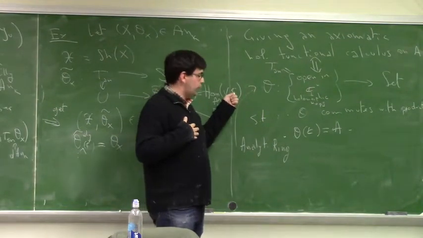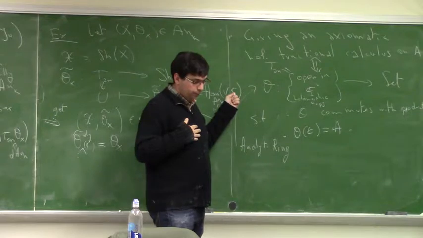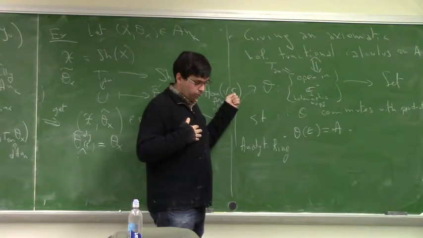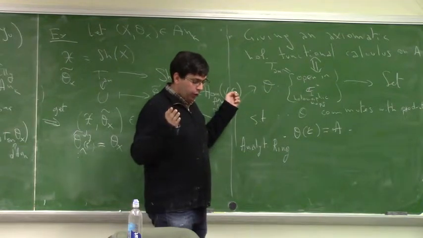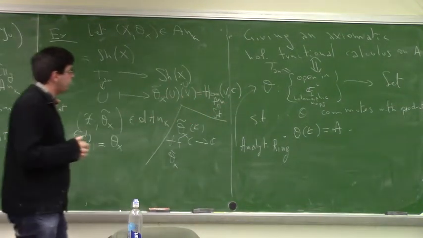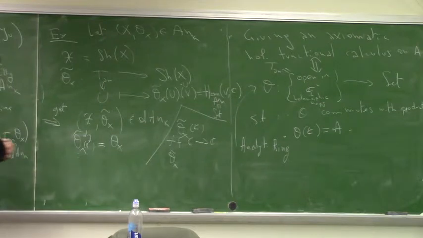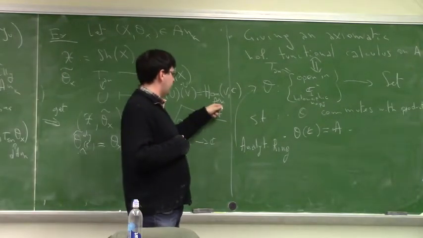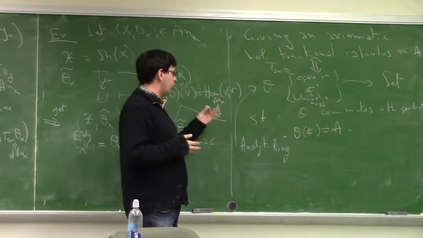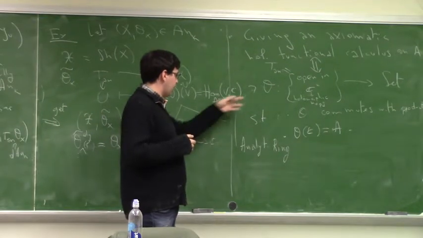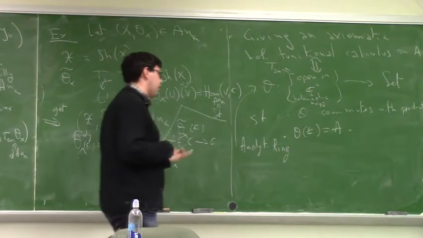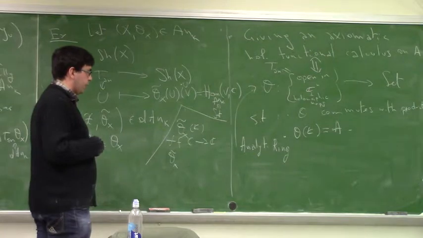The product computed in the category of C^0 manifolds, topological manifolds, I think agrees with the product computed in the category of analytic manifolds. So according to this definition I gave, it would be an analytic ring.